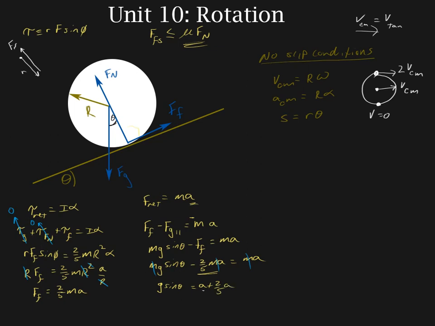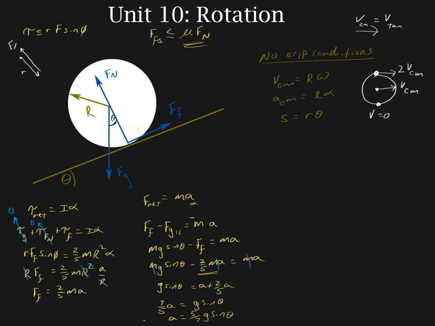Now 1a is the same thing as 5/5 a, so we get 7/5 a is equal to g sine theta. So a is equal to 5/7 g sine of theta. All right, so that's the actual acceleration of the ball.